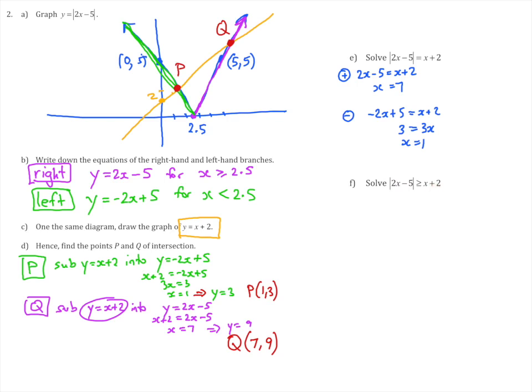So it's above it here and here. This point here has an x value of 1, so it's above it to the left of 1. And where else? To the right of, now what's point Q? 7, 9, and to the right of 7.